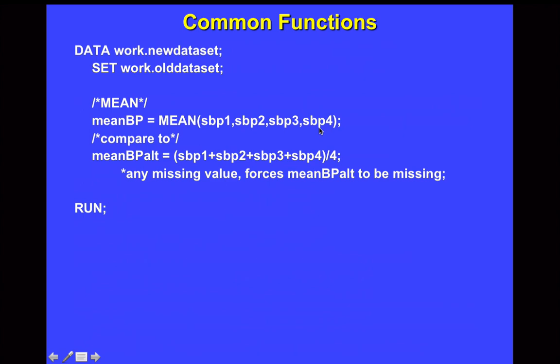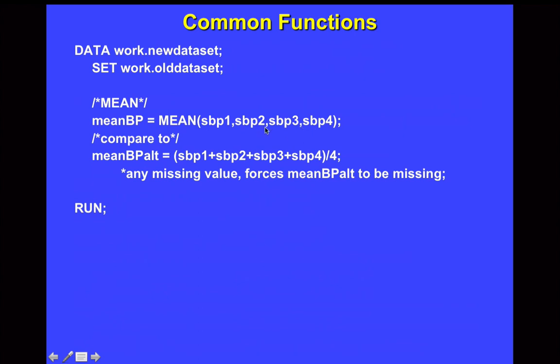Quite often in epidemiological studies, if you're studying blood pressure, you'll take multiple blood pressures, and you might then want to analyze the average of all of those blood pressures, or maybe the average of the last two, depending on the method you're using. In this example, I'm assuming that there are 4 blood pressure variables named SBP1, SBP2, SBP3, and SBP4, and I'm specifying those as the arguments to the mean function.